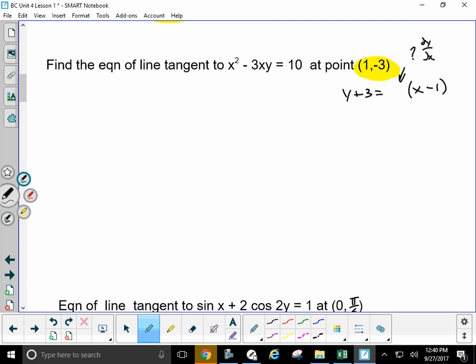So what goes there? Whatever my dy/dx is at (1, -3). Go ahead and find the equation for dy/dx and plug in (1, -3). Either bake that minus sign into the 3 or leave it out but use parentheses.